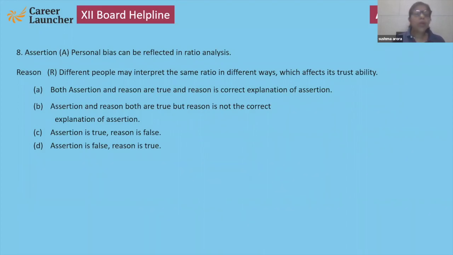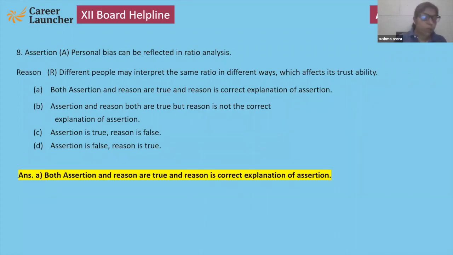So, what do you think? What should be the answer? Yes, assertion is correct. Personal biasness can be reflected. And different people may interpret the same ratio in different ways. So we can say reason and assertion both are correct.